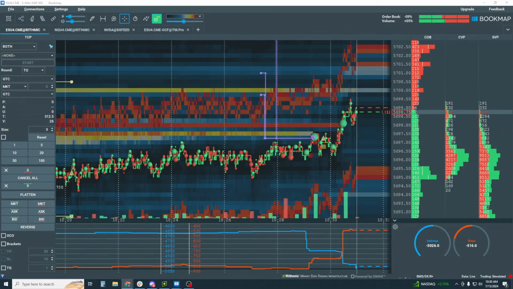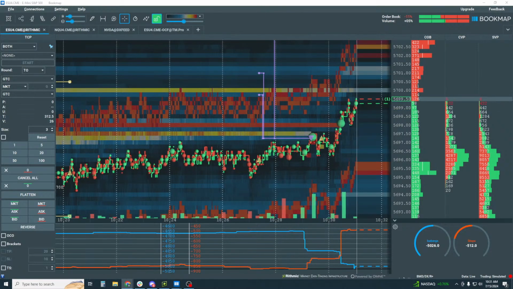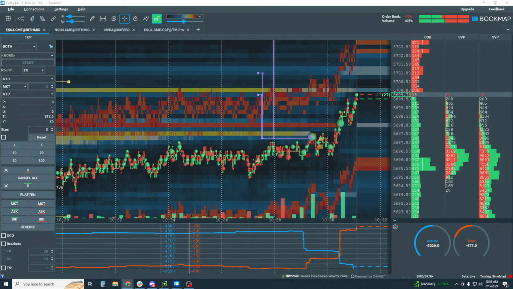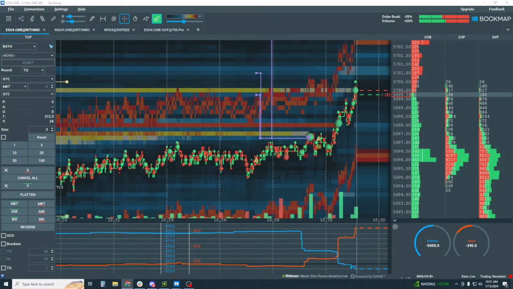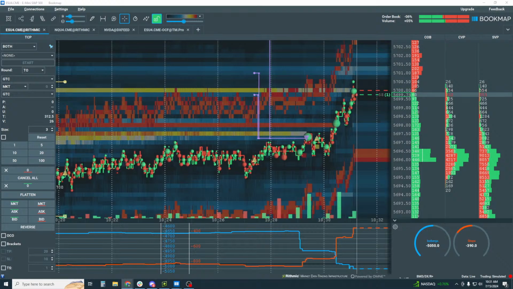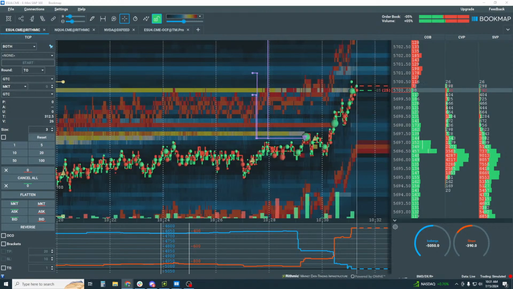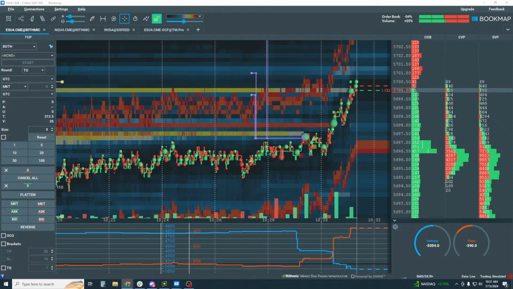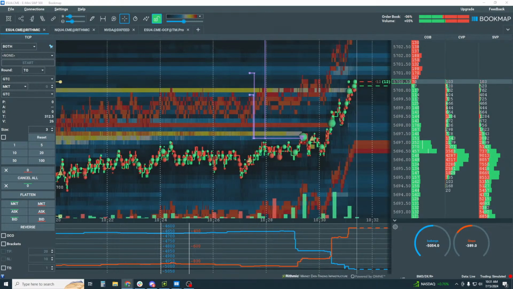And then what are some of the big elements this week? Well, not a whole lot, really. Retail sales tomorrow. That's about it. I mean, there's always other data points, but that's the bigger one.